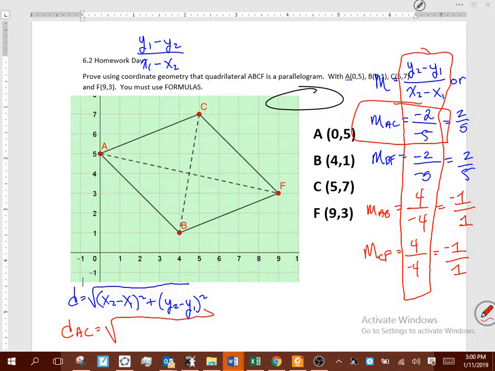What do I get if I square -5? 25, okay? y2 minus y1 is that -2. What do I get if I square that? 4. So I get radical 29, right? Does that make sense? Do we know what kind of number 29 is? It's prime.